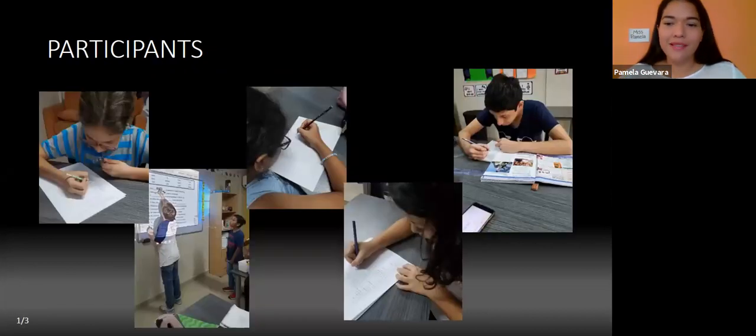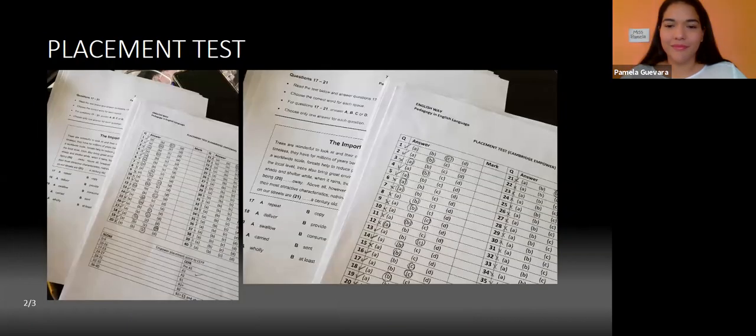These are my participants, most of them teens. Before starting the study, I implemented this placement test. Just first of all, remember that I explained about the use of backward design.